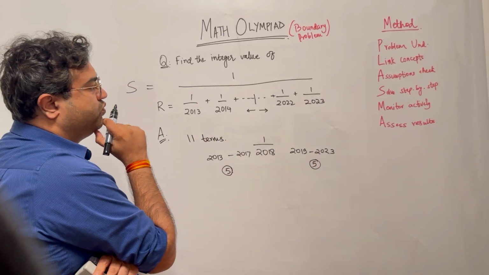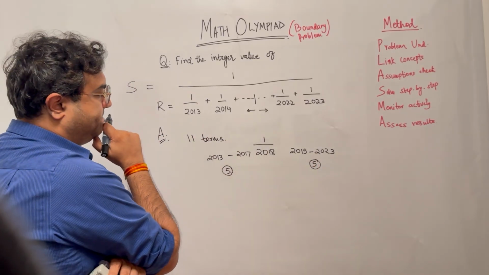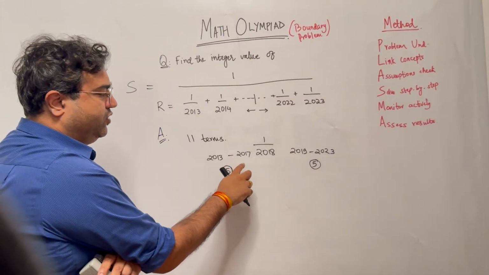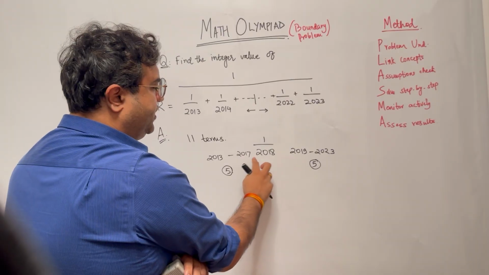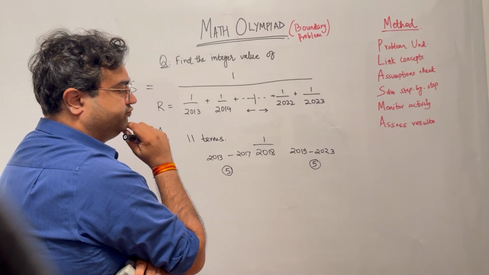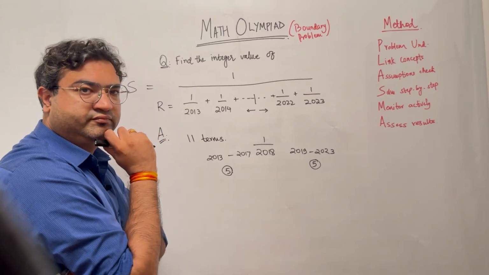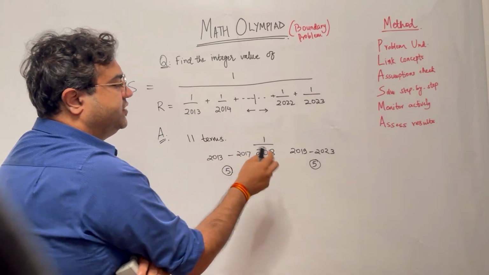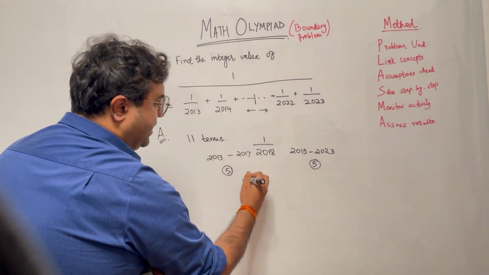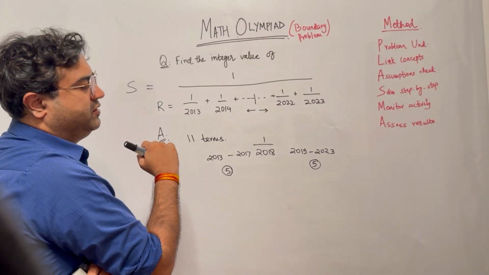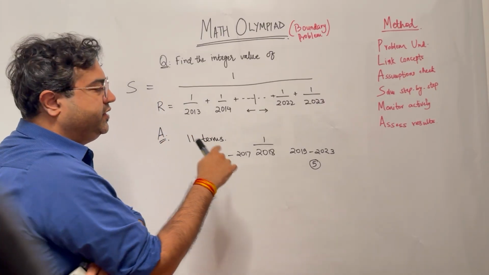Now, what we can do is we can likely look at the numbers which are one left and one right. Let's say if we take the numbers which are one left and one right, somehow their addition will give us the numerator.